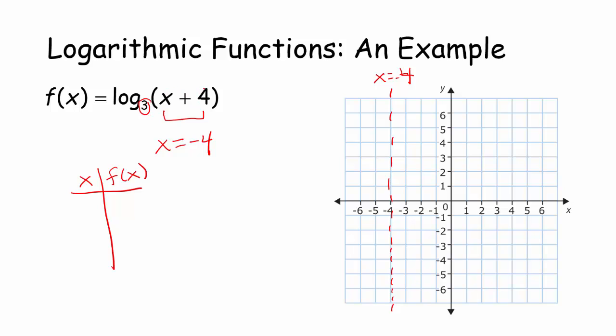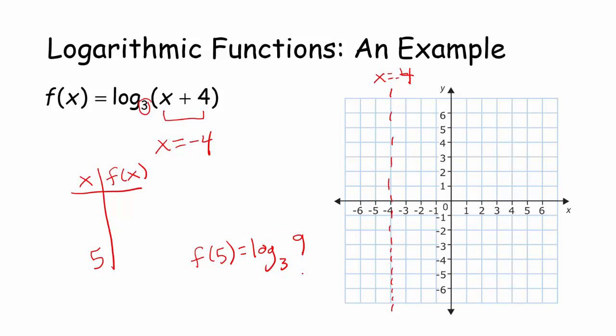So making this quantity 9 would be great. So if I made x 5, I'm going to do some scratch work over here. f of 5 would be log base 3 of 9, because if x is 5, 5 plus 4 is 9. Great. Now remember, when you're evaluating logs, the way that you evaluate log base 3 of 9 is you're thinking to yourself, 3 to what power gives you 9?